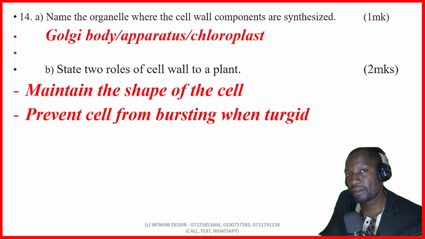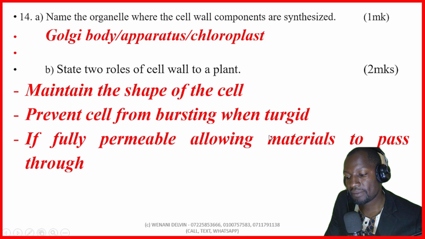Remember, the animal cell will burst when turgid, but plant cell does not burst. Why? It's because of the cell wall. Number three, it is fully permeable and therefore allows materials to pass through.